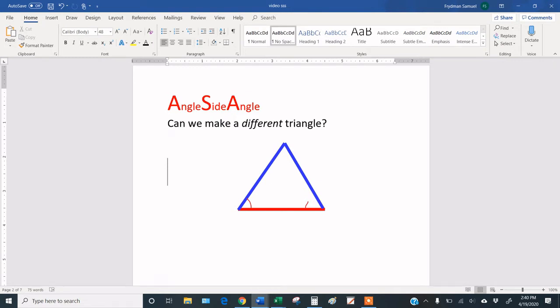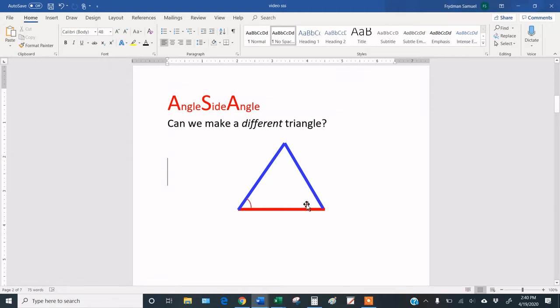Did I successfully make a different triangle? Well, the answer is no, I did not. And the reason for that is when I moved this side, I ended up changing this angle over here.